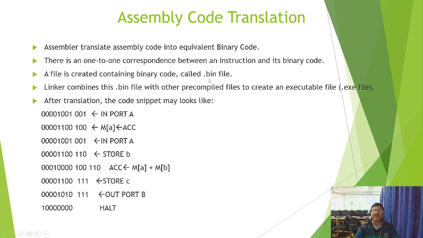After getting the binary file, the linker of the C compiling environment links all the other pre-compiled files which are associated with our C program, and the program is then created as an executable file with a .exe file extension.